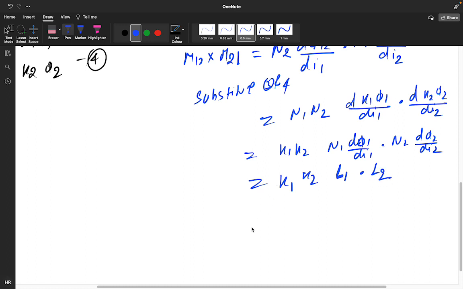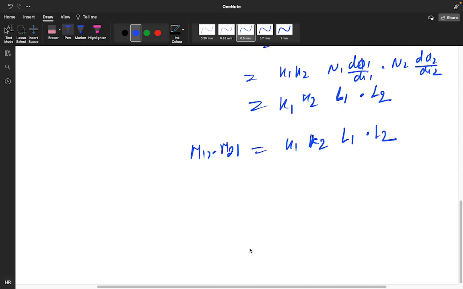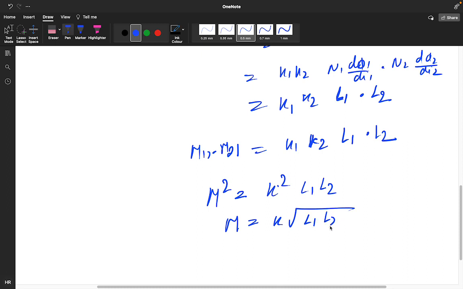So you are getting K1 into K2 into L1 into L2, the M12 into M21 formula. And M12 and M21 will be equal, so M square will be K square into L1 L2, since K1 and K2 are equal. So this M value is K root under L1 into L2.